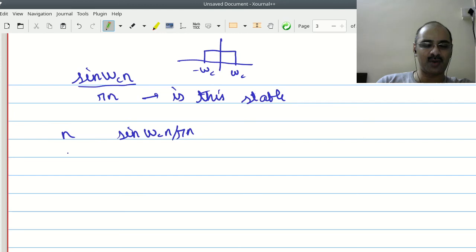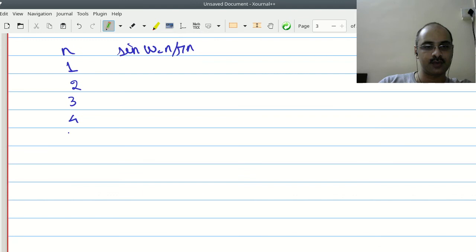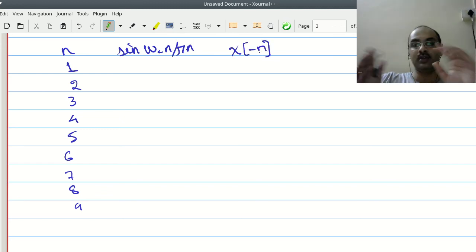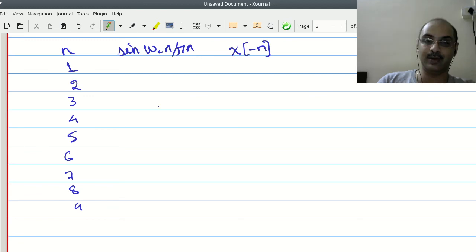I'm just going to take 1 onwards: 1, 2, 3, 4, 5, 6, 7, 8, 9. Remember, it is flipped, so I'm going to construct an input which is going to give us some potentially blowing up of the sinc. So I'm actually going to fix my omega c. I'm going to make it pi by 2.